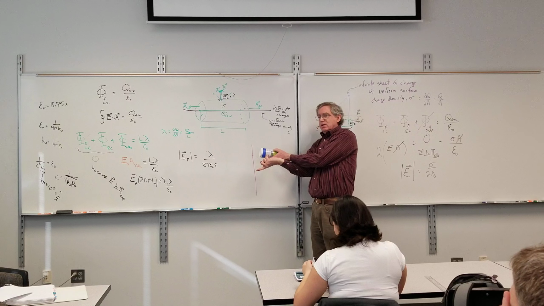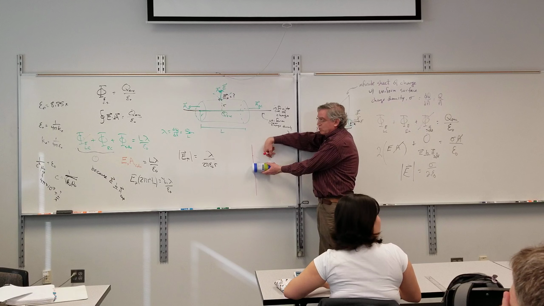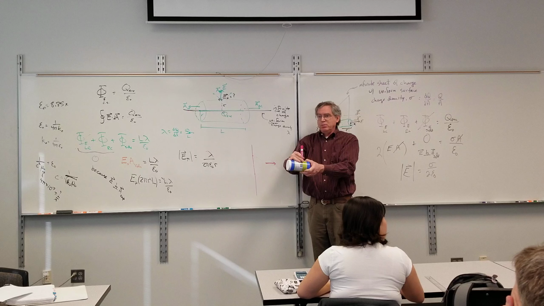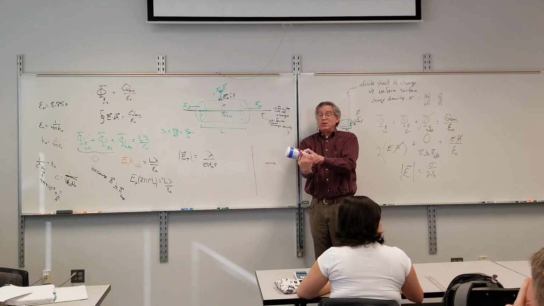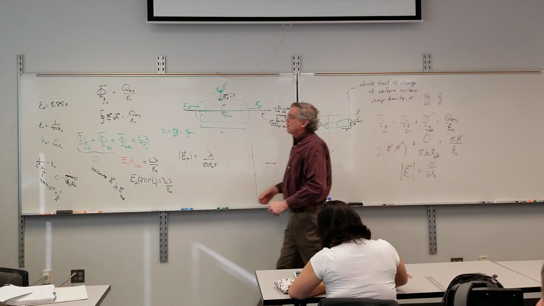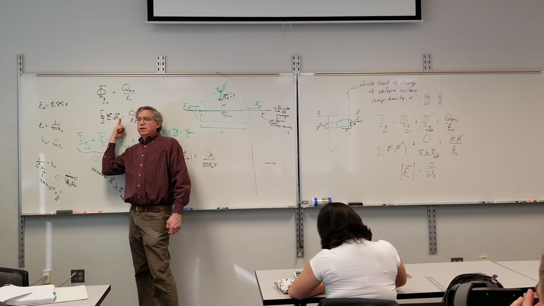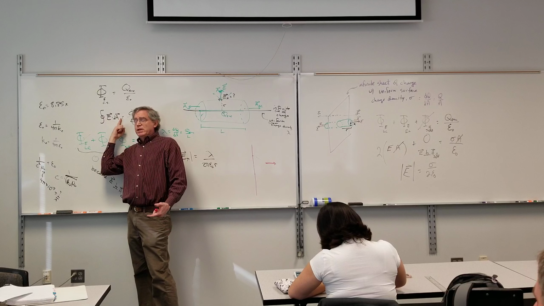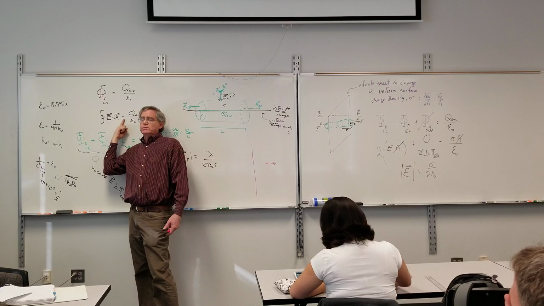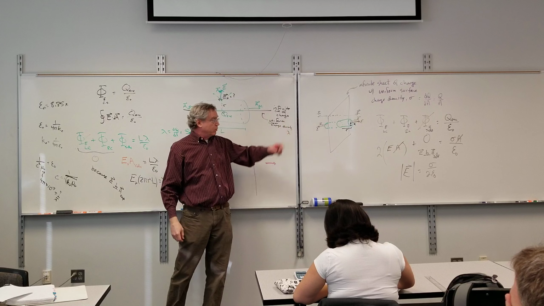Yeah, it's perpendicular to the side, which is going to be perpendicular to my electric field. My electric field's running this way, my area vector on the side is pointing perpendicular to that. When you do a dot product, you multiply parallel parts. If the two vectors are perpendicular, the dot product is 0. That's how we get 0.